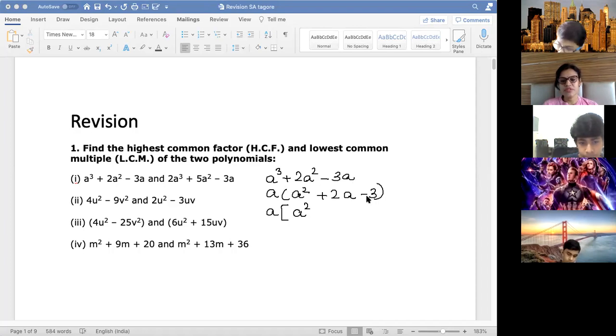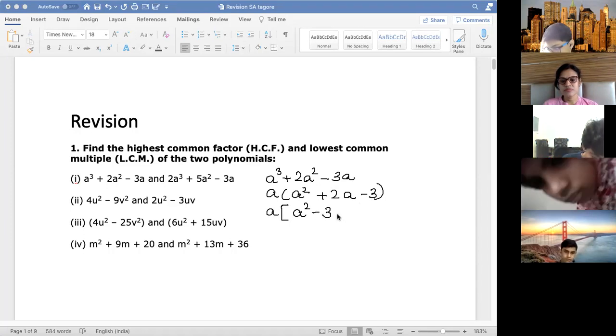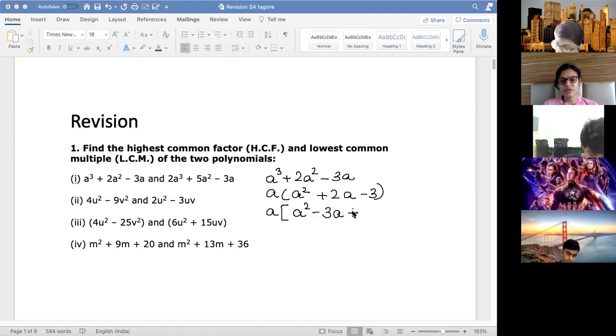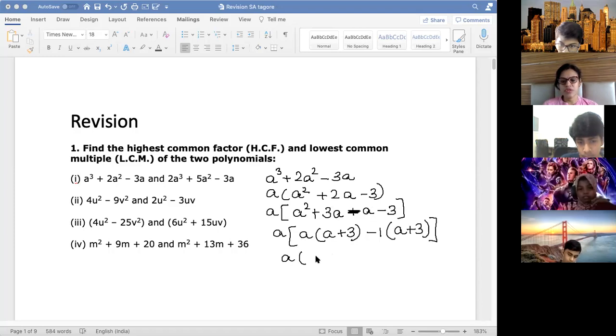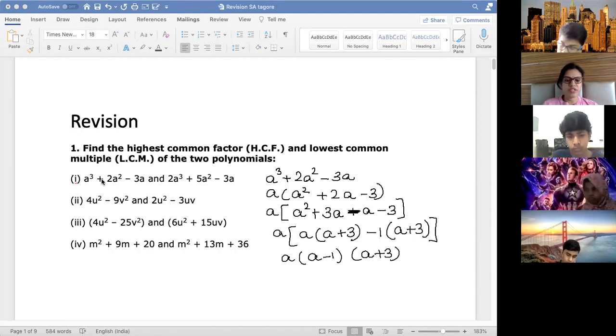What combination will you take? Minus 3a plus a. Plus and minus, because in the middle you are getting plus 2a. Is it correct? Take out a common, a plus 3, minus 1 common, a plus 3. So a into a minus 1 into a plus 3. So this is the factorization of this thing.